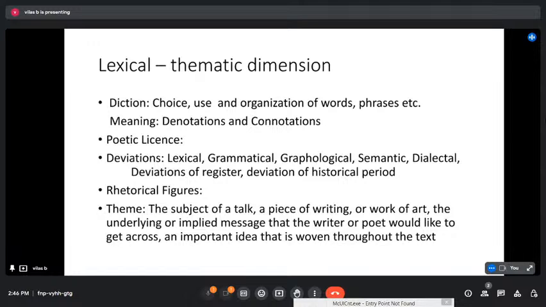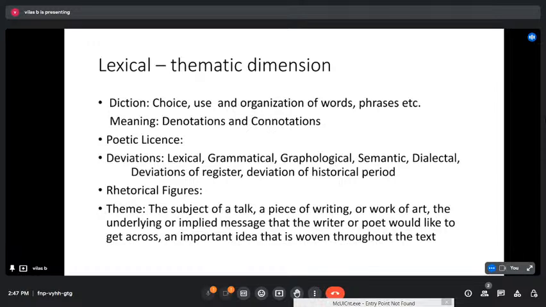Dialectal kind of deviations in the sense that dialect means the language which is distinctive at the level of region. The regional differences we call dialect. And this dialect means the language from a certain region, which can be varied at the level of words, at the level of pronunciation.